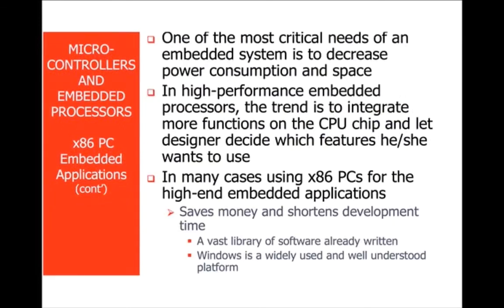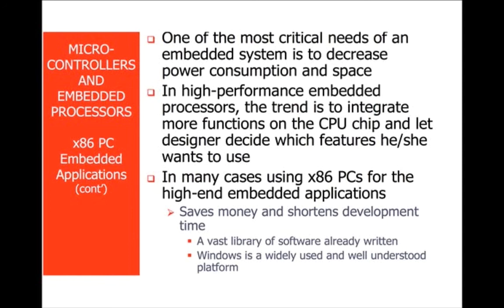One of the most critical needs of an embedded system is to decrease power consumption and space. In high-performance embedded processors, the trend is to integrate more functions on the CPU chip and let the designer decide which features he or she wants to use.